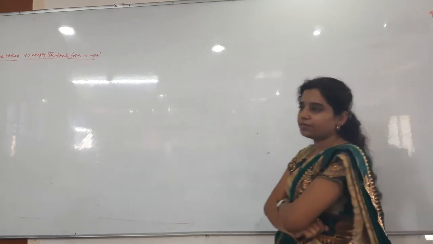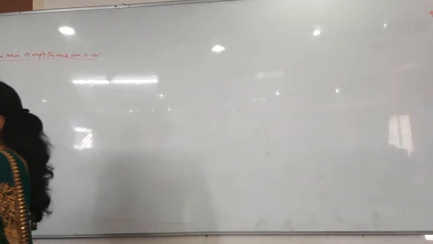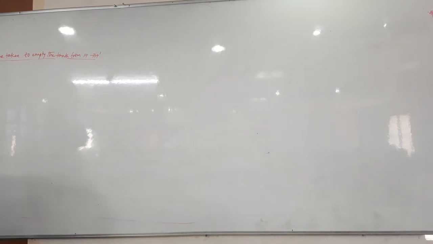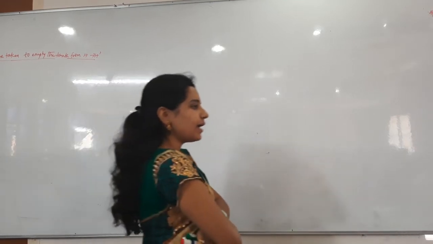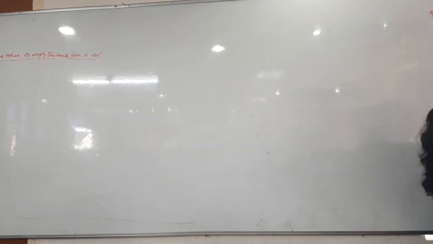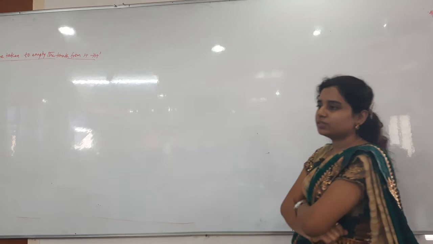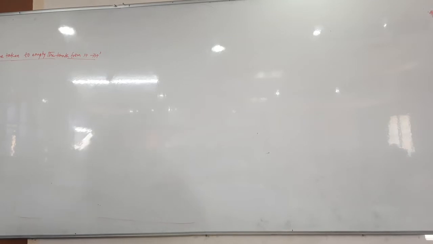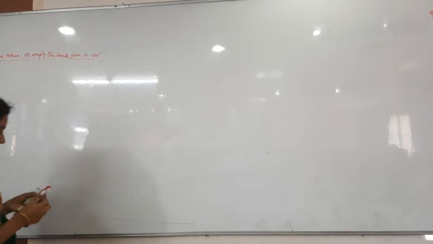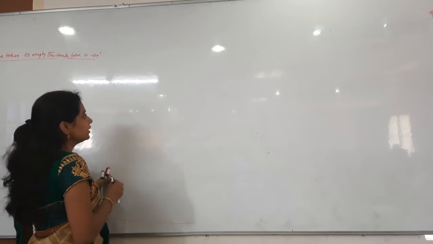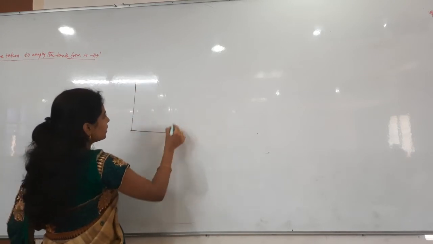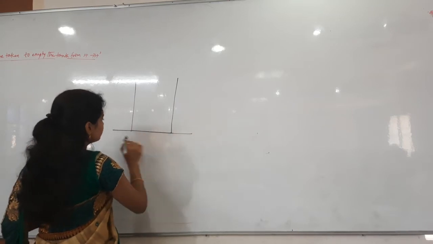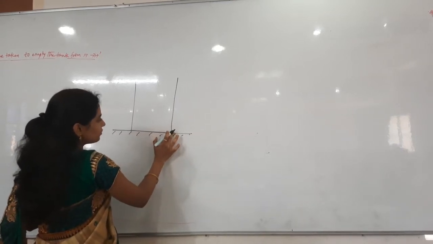The tank of area A, having an orifice or hole at the bottom of the tank, the hole is of area A naught.